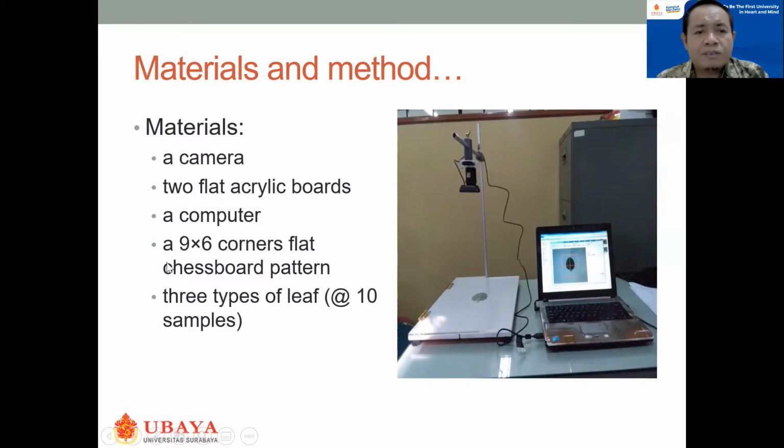And then we use a 9x6 corner flat chessboard pattern as calibration object, to determine intrinsic and extrinsic camera parameters. And to evaluate the proposed system, we use 3 types of leaf with 10 samples of each.